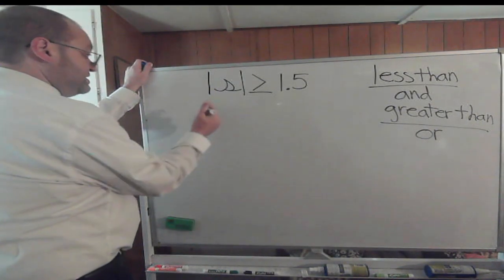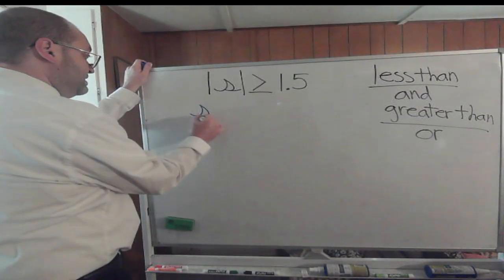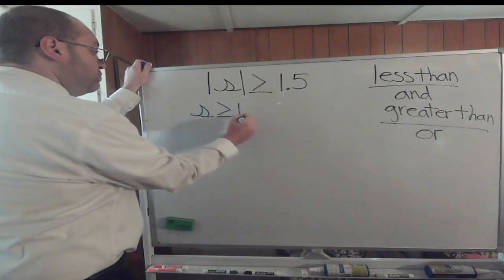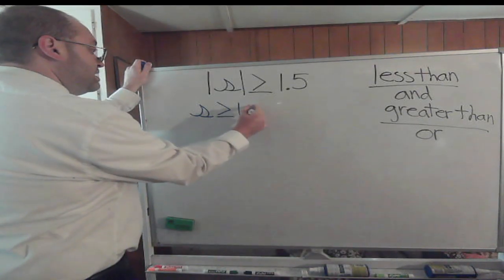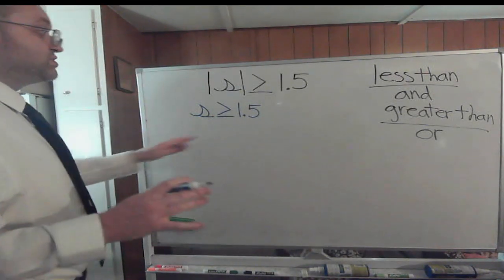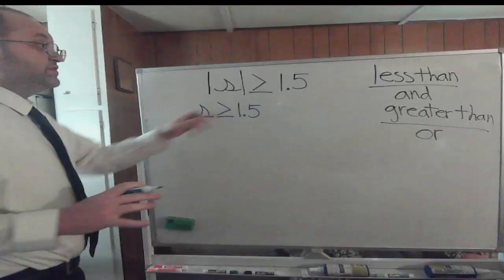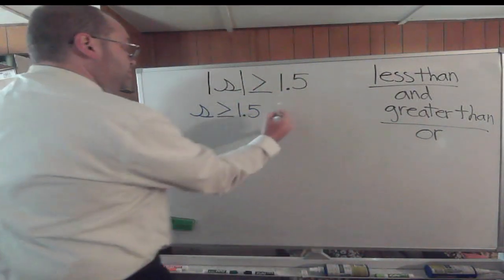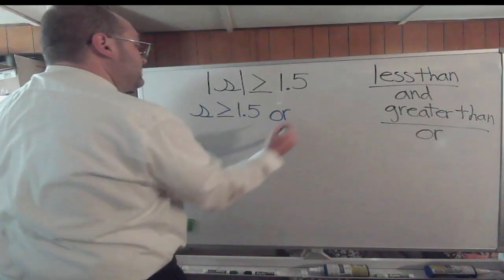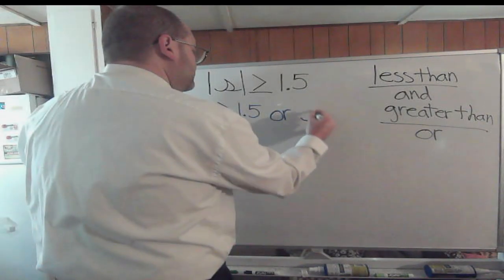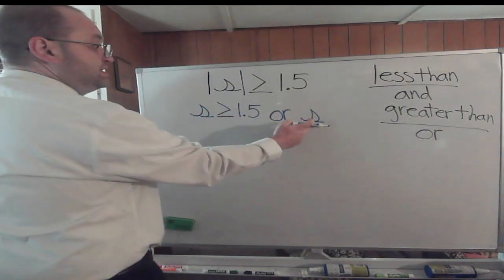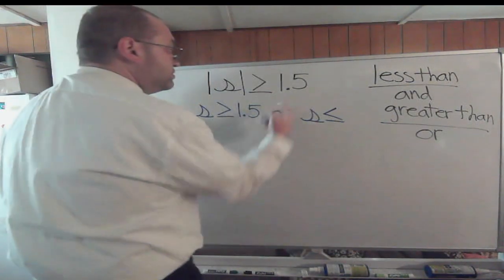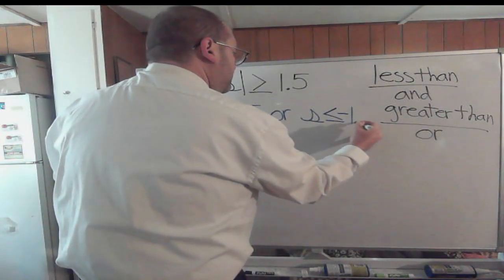You're going to take what's inside the absolute value, s, keep your original inequality of greater than or equal to the 1.5. Now, this is where it gets tricky. If it's greater than, you're going to use or. You're going to take what's inside the absolute value, flip your inequality sign to less than or equal to -1.5.